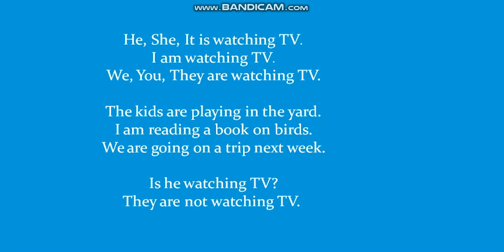As for the structure of present progressive tense, first you've got the subject: he, she, it, I, we, you, they. After the subject you've got the helping verb, which in this case is verb to be.